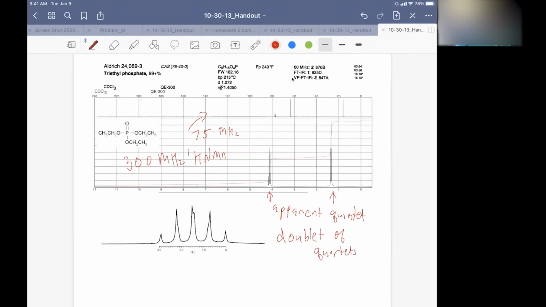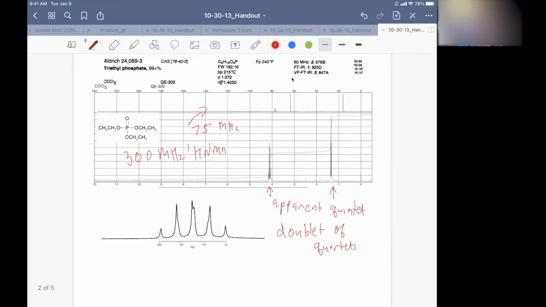I just figured that the rightmost peaks of the first quartet and the leftmost peaks of the second quartet kind of overlapped to give the signal.